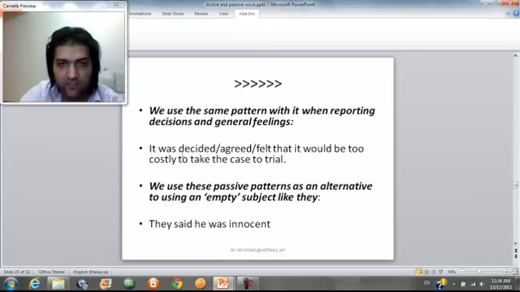Why? Because it was decided, agreed, or felt it would be too costly. We use these passive patterns as an alternative to using an empty subject like they. They said he was innocent. What do I mean by an empty subject like they?